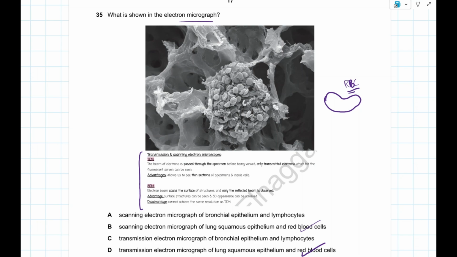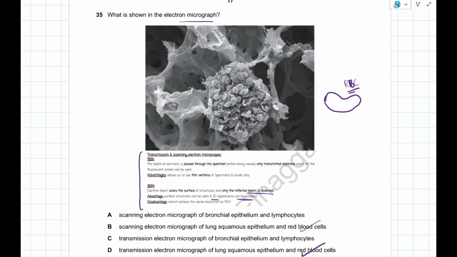Now, our notes mention that the beam of electrons is passed through a specimen before being viewed, and only transmitted electrons which hit the fluorescent screen can be seen. So this is for the transmission. Whilst the scanning scans the surface of structures and only the reflected beam is observed. And then it allows us to see the 3D appearance.